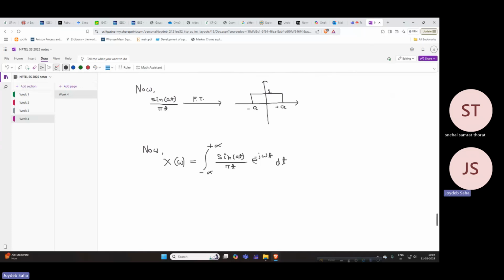And this value is 1 for minus a less than omega less than plus a. So it was omega x omega, right?